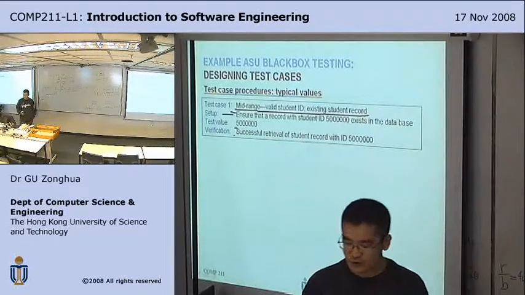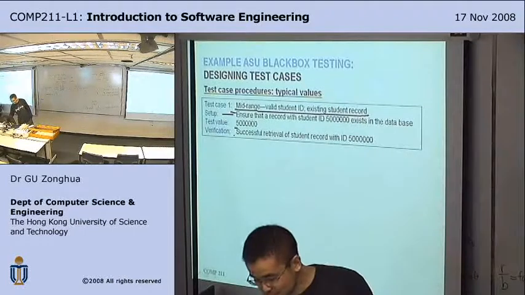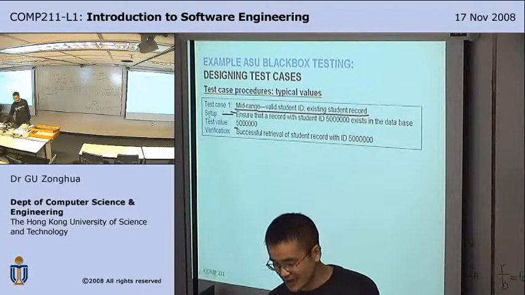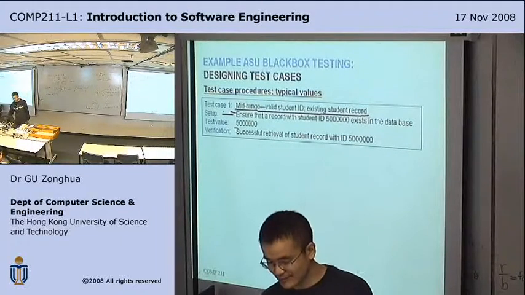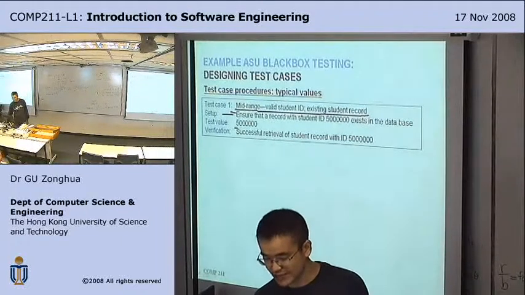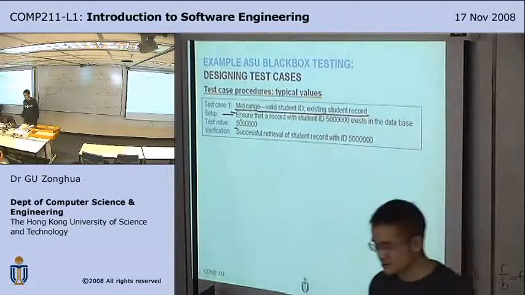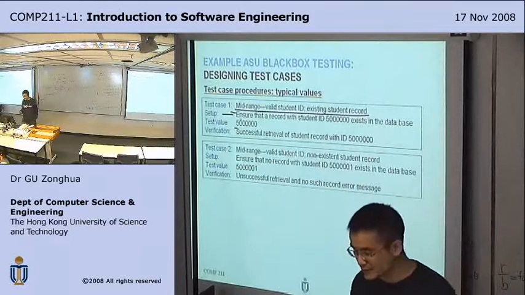Verification is successful retrieval of the student's record with ID 5 million. So a typical test case is just like that. You have how you set it up, really the test precondition, and you pass in a value, and you verify if the test passes or fails. And for each of the input values, you write a test case.